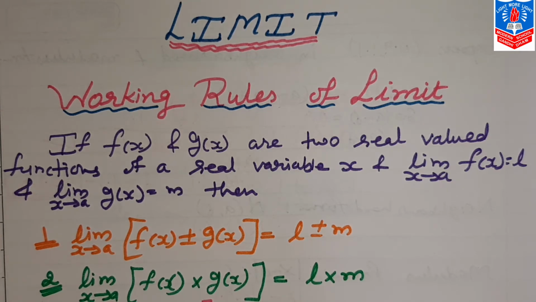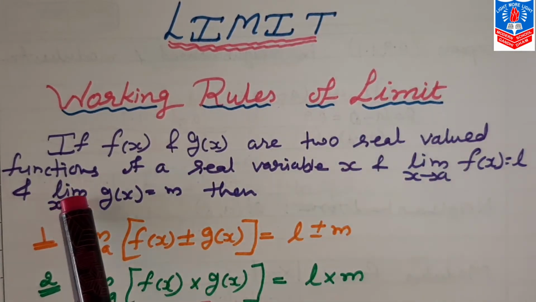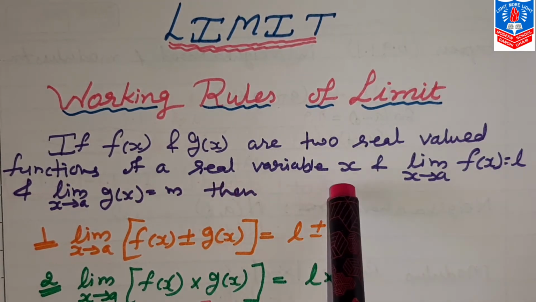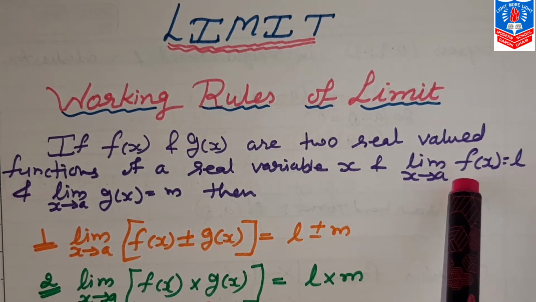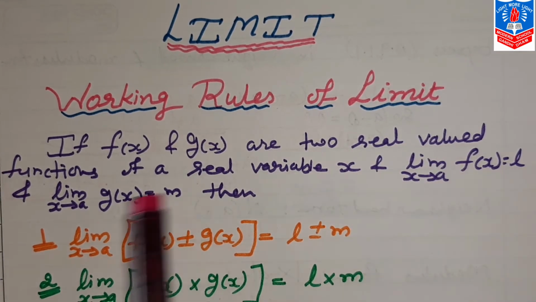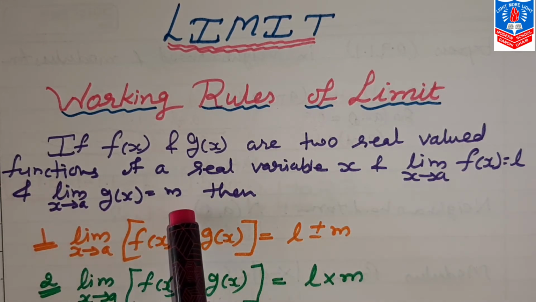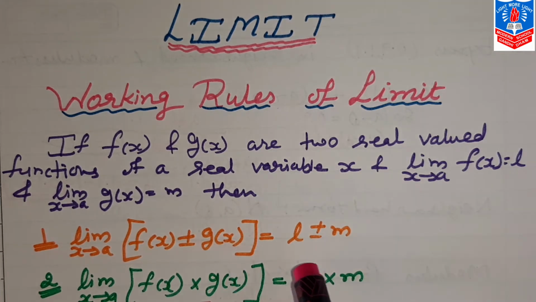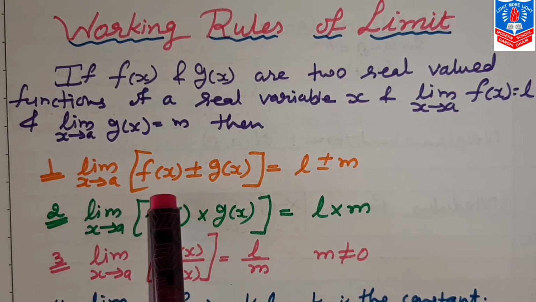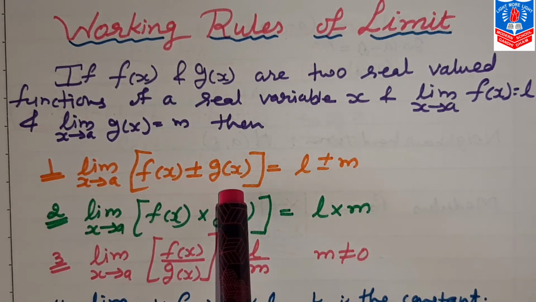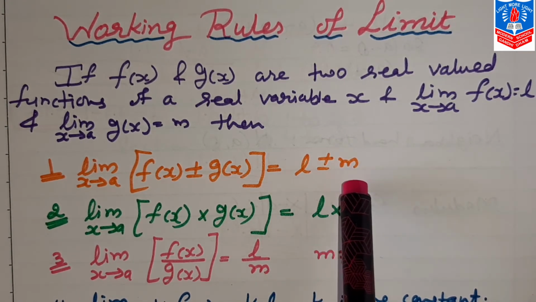If f(x) and g(x) are 2 real valued functions of a real variable x, and limit as x tends to a of f(x) is equal to L, and limit as x tends to a of g(x) is equal to m, then the first working rule: limit x tends to a of f(x) plus minus g(x) is always equal to L plus minus m.